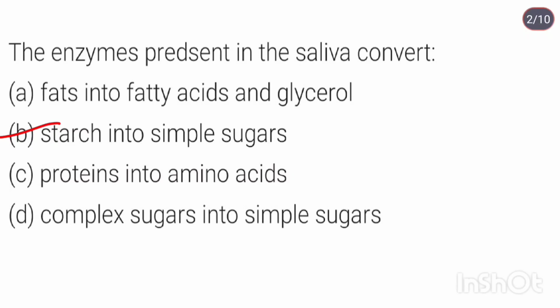The salivary gland present in mouth secretes saliva. It contains the enzyme amylase that breaks down starch into simple sugar. Only about 30% starch digestion takes place in the mouth.